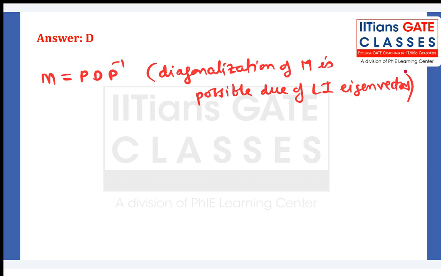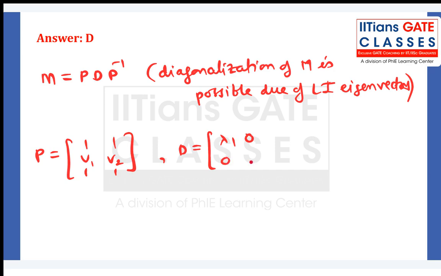If you have a 2 by 2 matrix and two linearly independent eigenvectors, the diagonalization is possible. This P matrix will be nothing but the first eigenvector as the first column and the second eigenvector as the second column, and matrix D is nothing but a diagonal matrix with your eigenvalues as the principal diagonal elements.